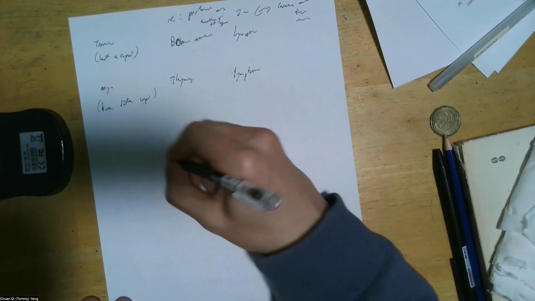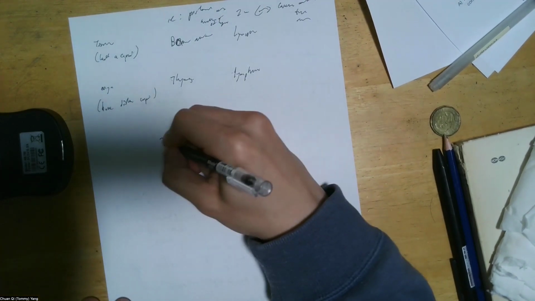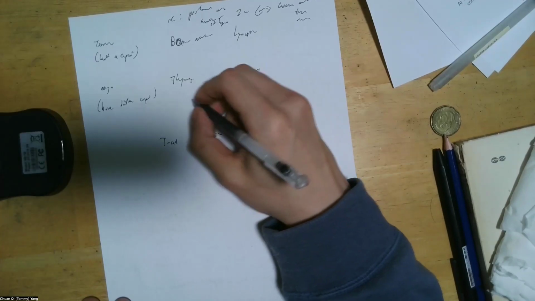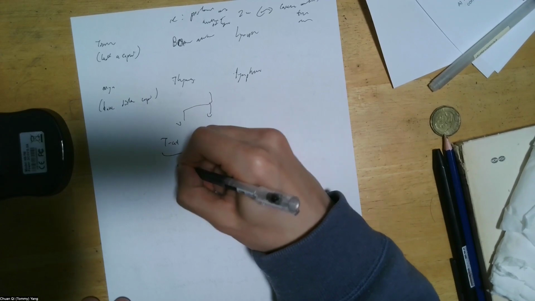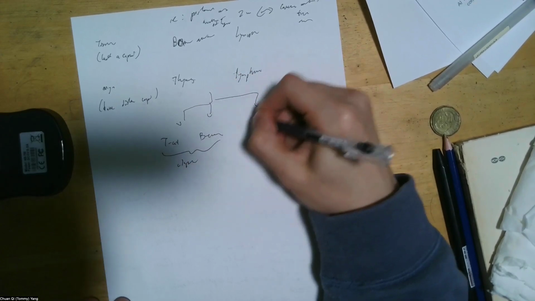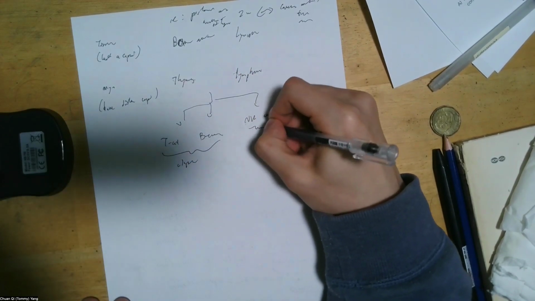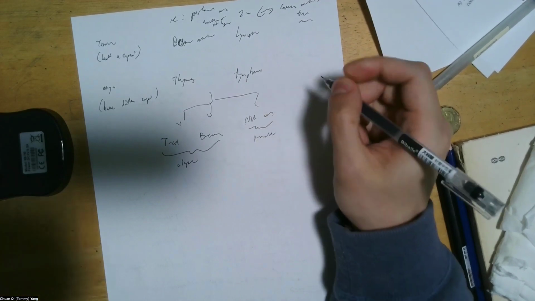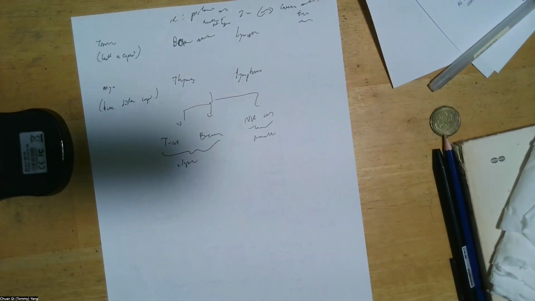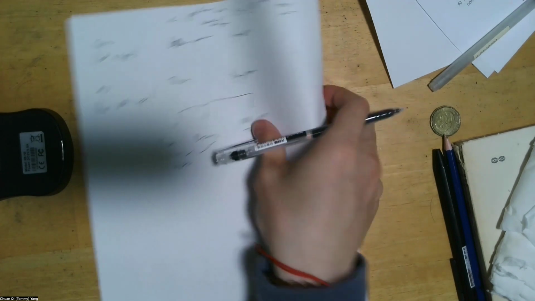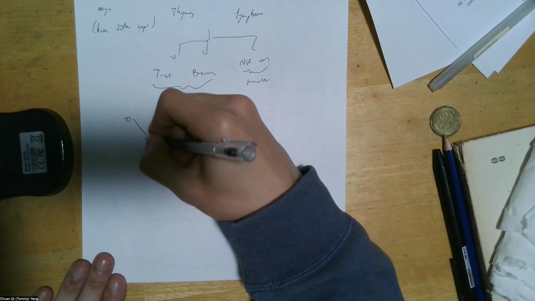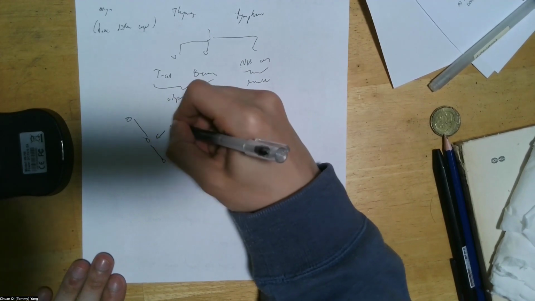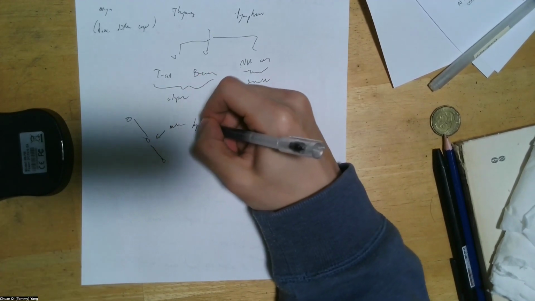For example, T cells and B cells are all lymphocytes, and these two are part of adaptive, whereas natural killer cells are part of the innate. Lymph nodes connect through and house mature lymphocytes.